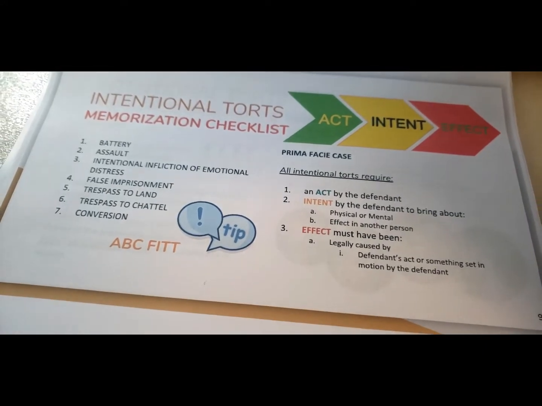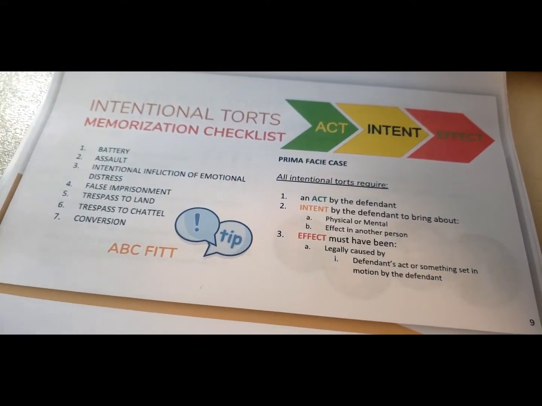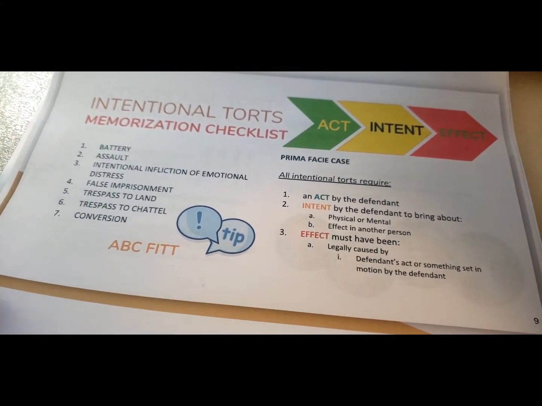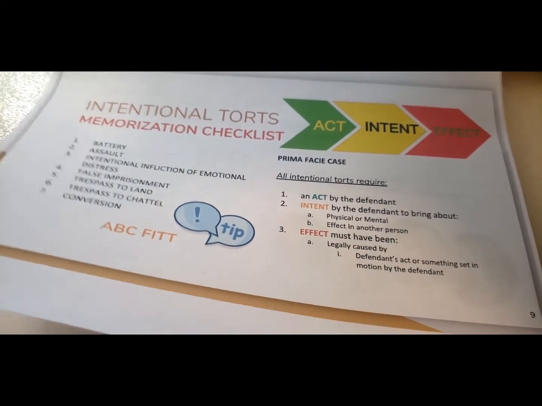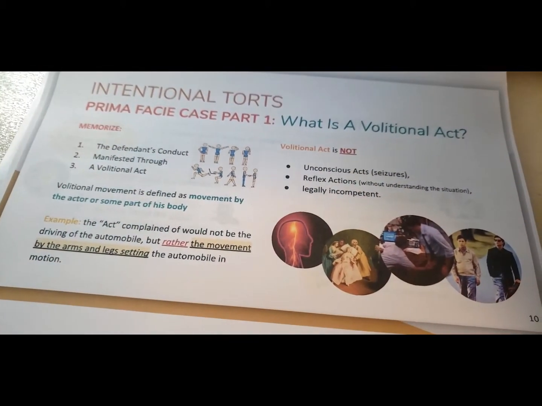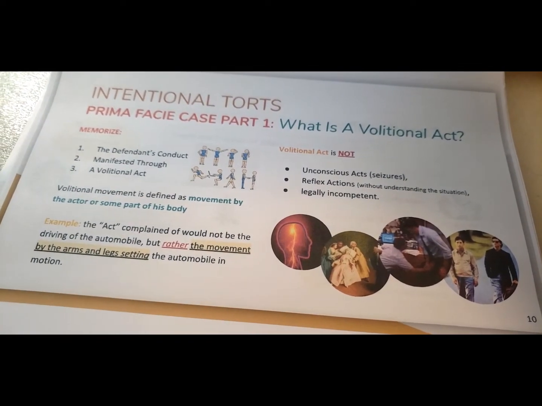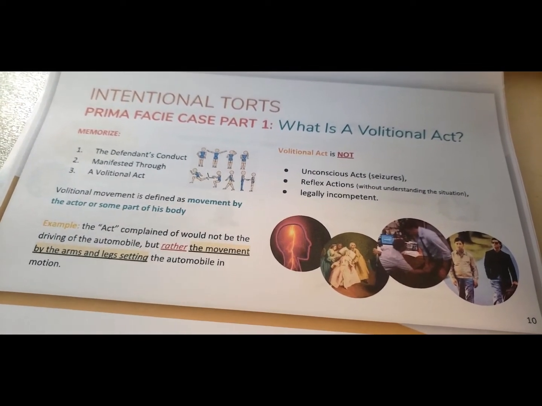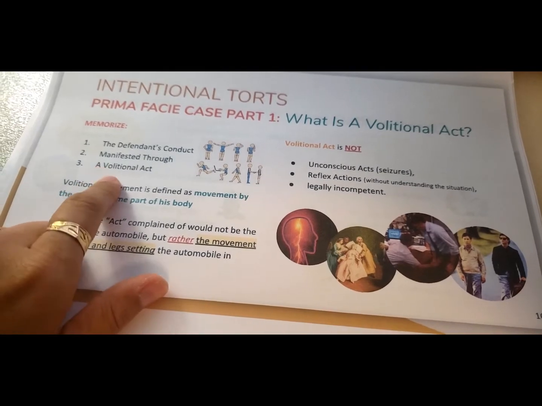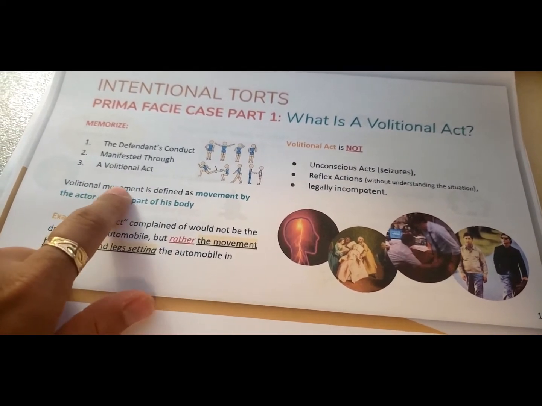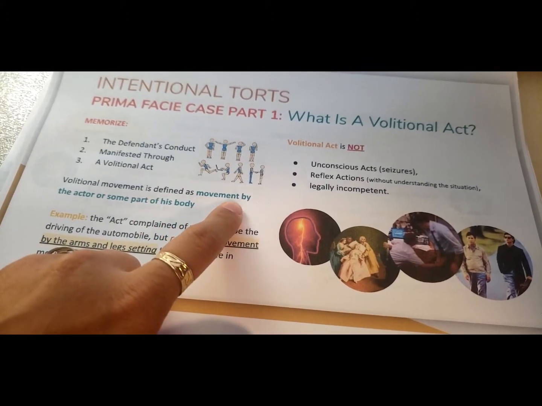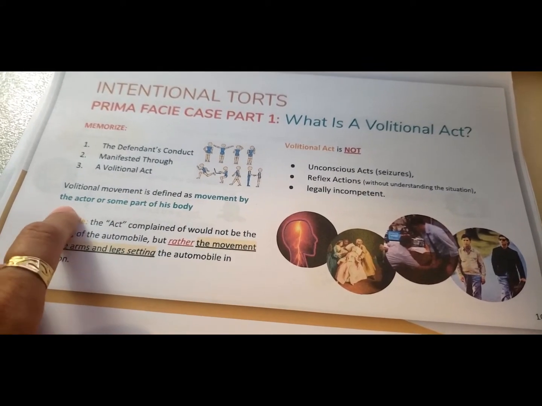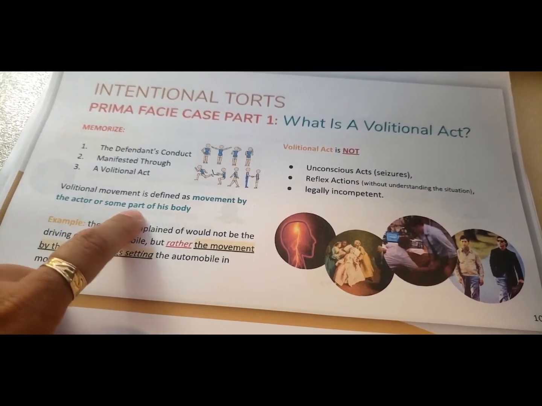And so basically what I'm doing is putting in color and big words, and the way that I organize the information is so that it's easy to remember. And for teaching concepts such as a volitional movement, a lot of people in their analysis don't realize that they also have to put the sub-element, which is a movement by the actor of some part of his body.